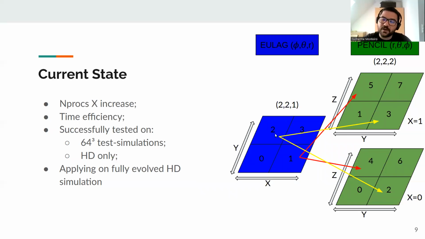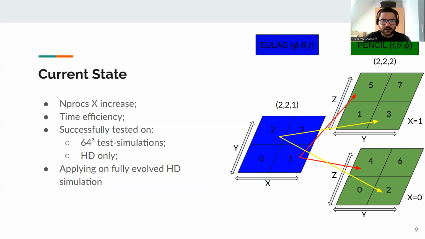Every processor of OILAG will have two addresses to send data. And so that's why the handshake is such an important part of this, because it's there that we identify the number of processors, the grid size and the domain that it encompasses, and how this data is going to be distributed.